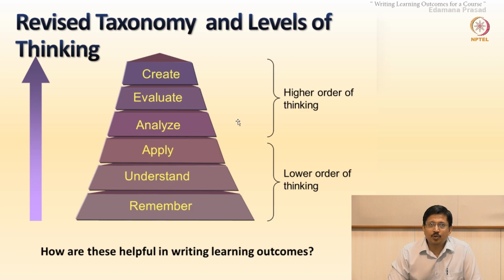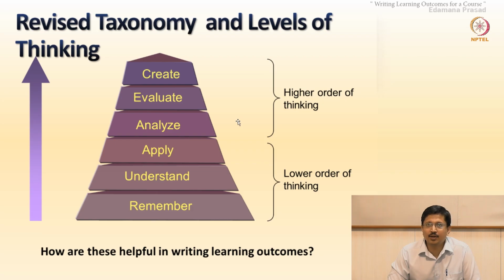So this is Bloom's taxonomy, a version revised in 2001. According to Bloom's taxonomy, there are 6 levels of thinking, which are shown in this slide. From bottom to top: remember, understand, apply, analyze, evaluate, and create.